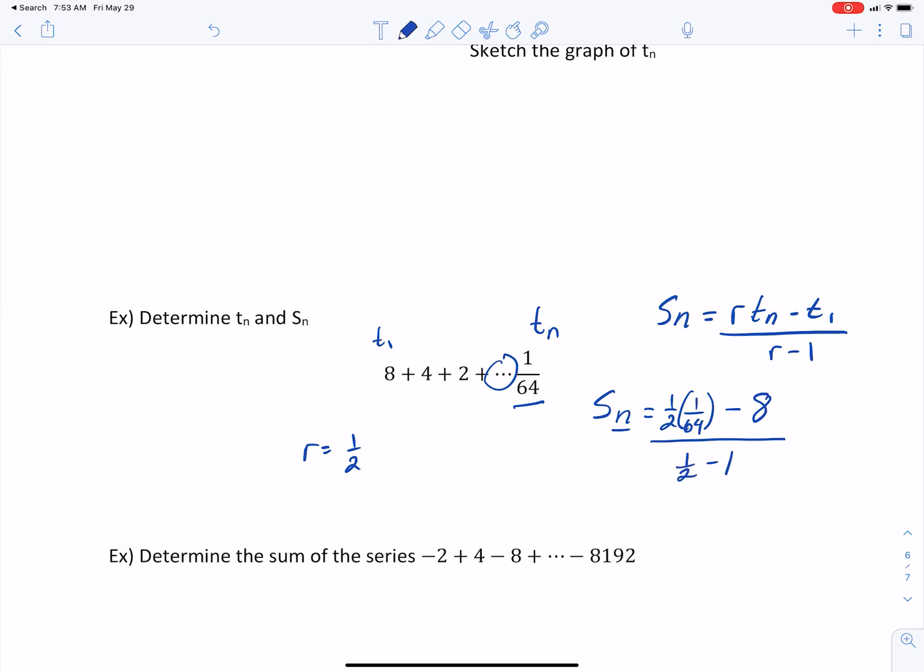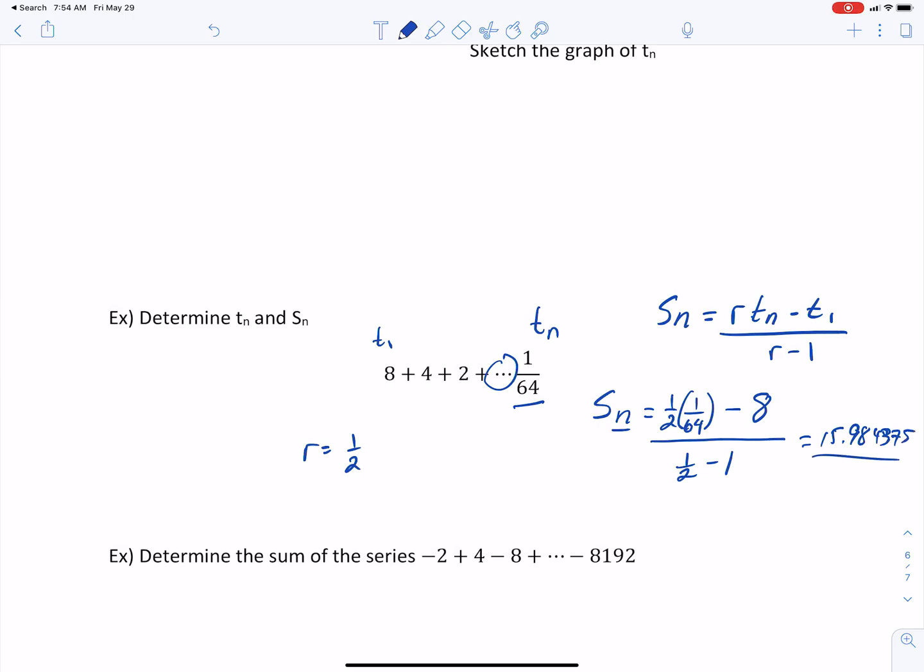So on my calculator, I'm going to go 1 over 2 times 1 over 64 and take away 8. And then I'm going to divide it by 1/2 minus 1. And I get 15.98, and there are some other decimals there, 984375.